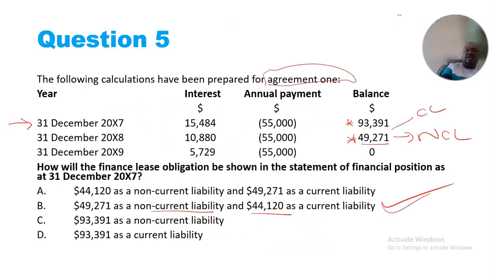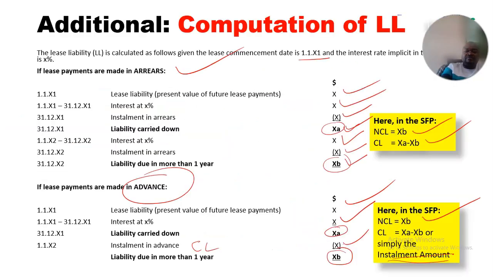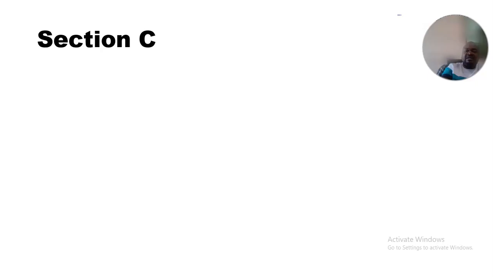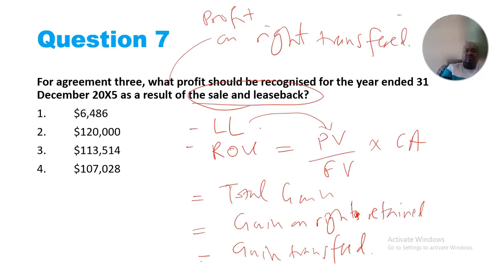All right, now let us come to it. So our row, we have found 236,486.